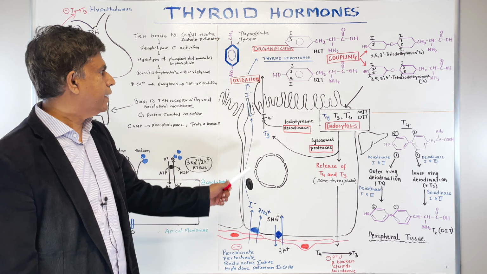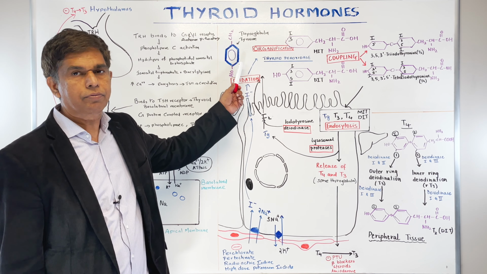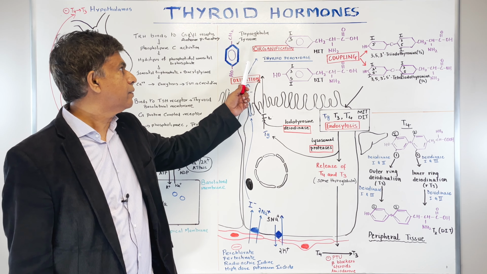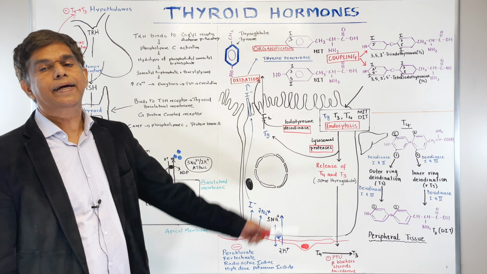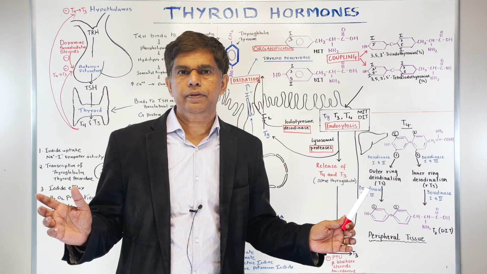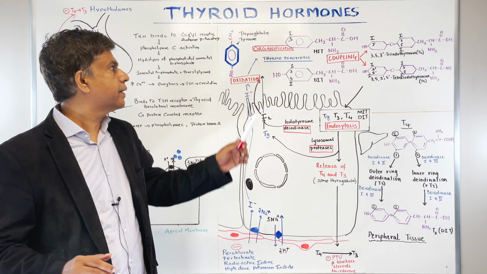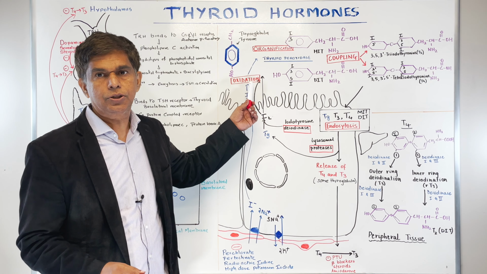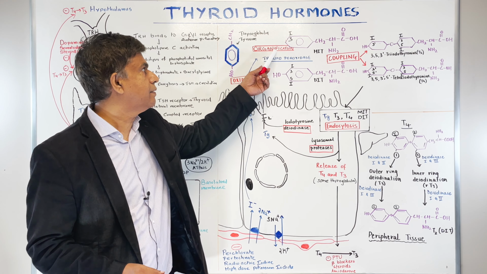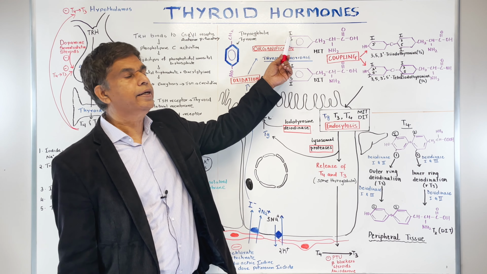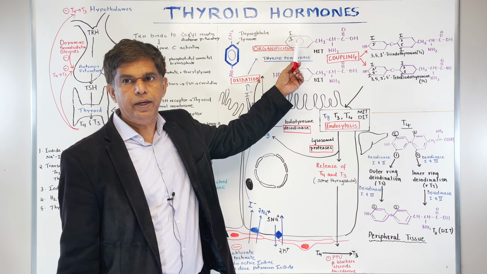Okay, so the iodine comes up here. In the colloid of the follicle, there's thyroglobulin, and tyrosine residues are already in there. So iodine goes there and combines with it. The first series of steps is oxidation and organification. Look at the iodine, it's attached to the 3-carbon atom right here.